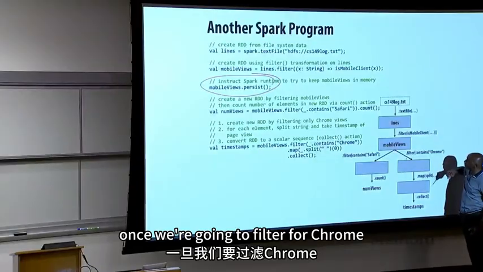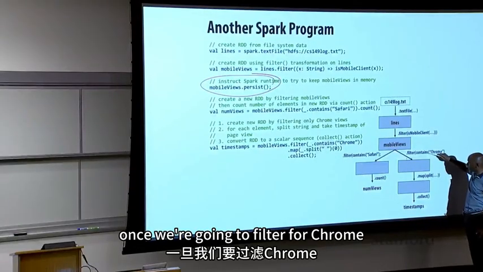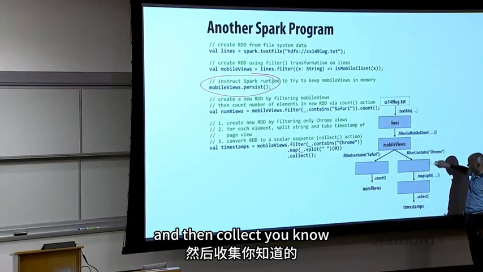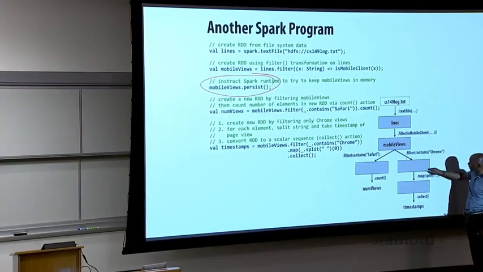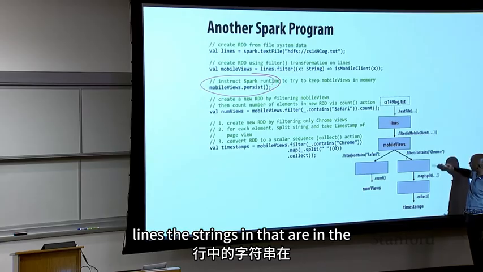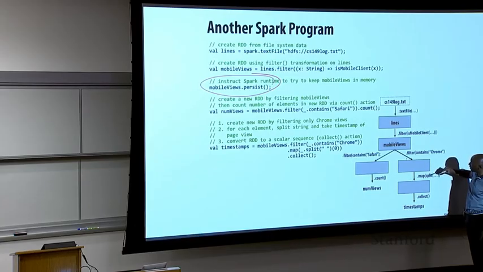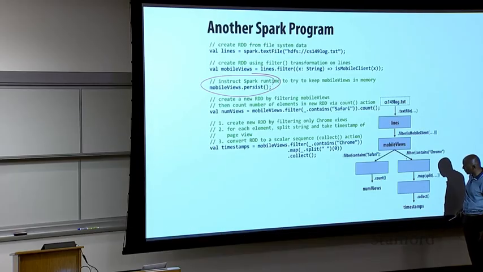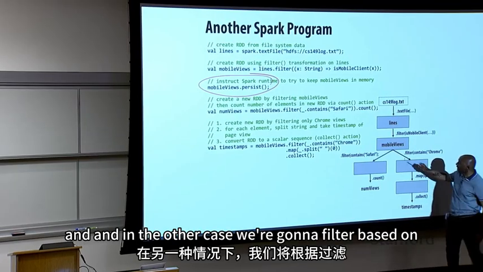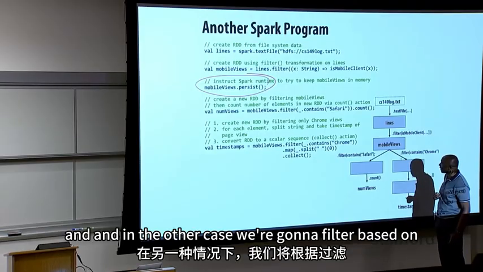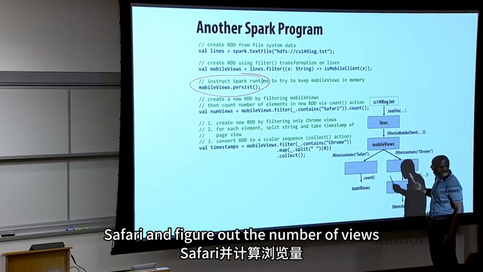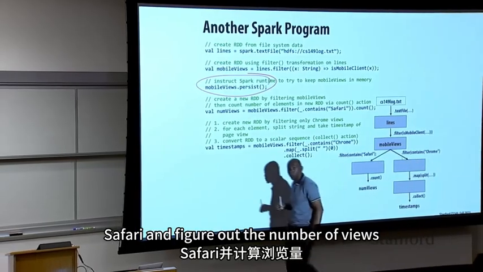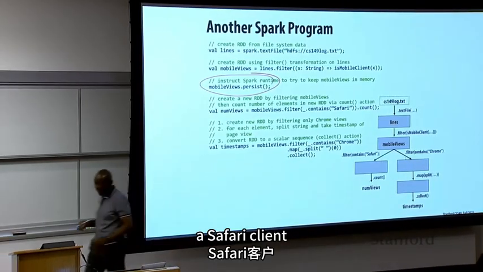Once we're going to filter for Chrome, and then collect the strings in the RDD created from the filter, and extract timestamps. And in the other case, we're going to filter based on Safari and figure out the number of page views that came from a Safari client.